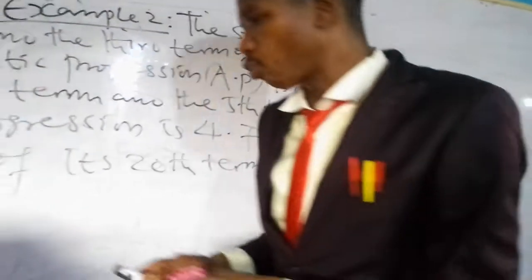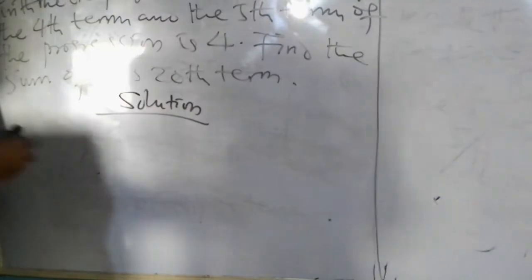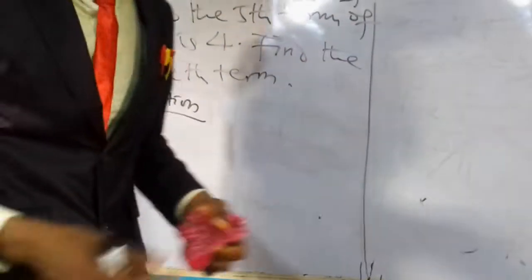Then what do we do in this question? In AP, in arithmetic progression, we look at the first term and the common difference, isn't it?